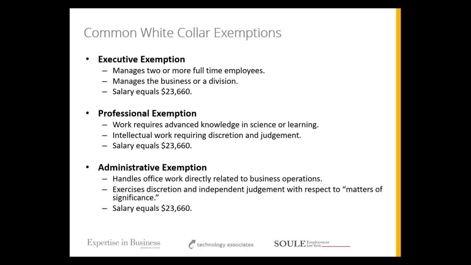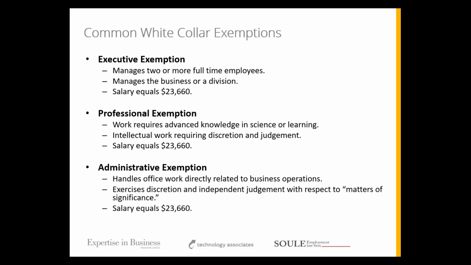So essentially, this is an exemption that covers an employee who performs office work that's related to your business operations generally. Business operations could include things like accounting, marketing, human resources. It could include things like quality control, any primary function necessary to operate your business.